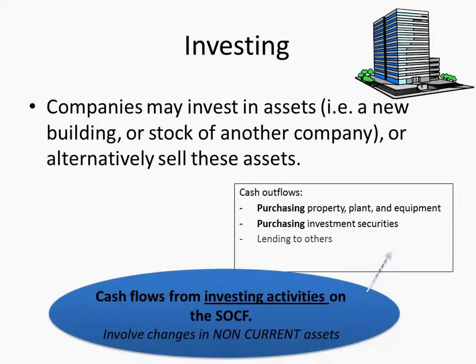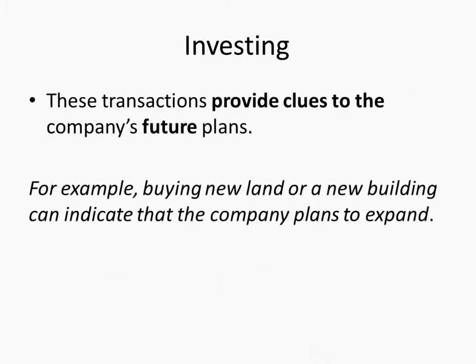Cash outflows. Instead of selling, you could be purchasing property, plant, and equipment, purchasing investments, or lending to others. Okay, so they generally involve changes in non-current assets. These transactions provide clues to what the company's future plans may be.